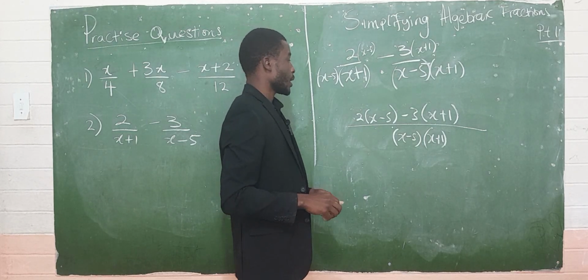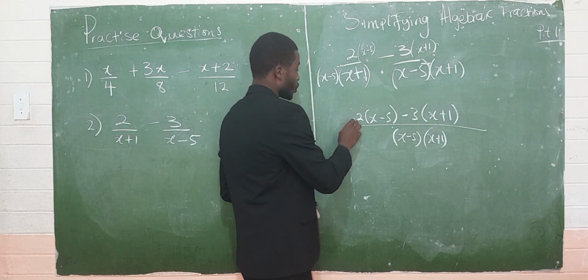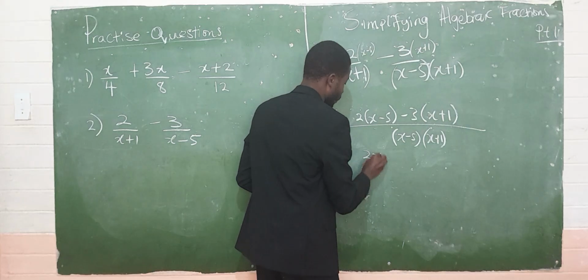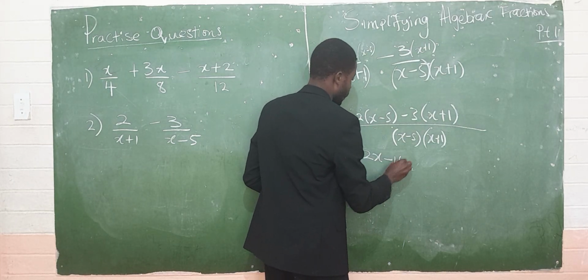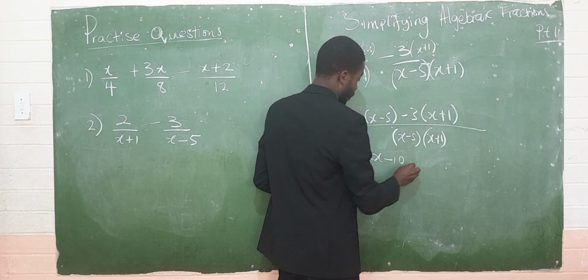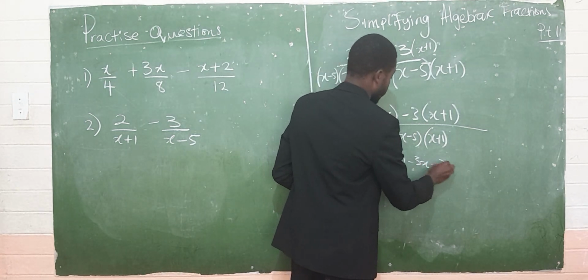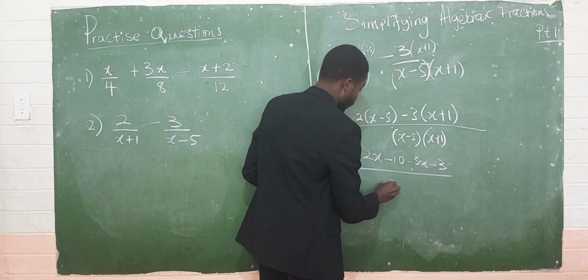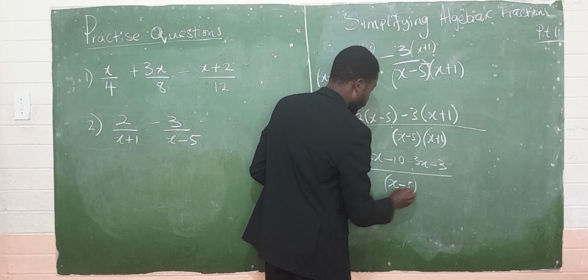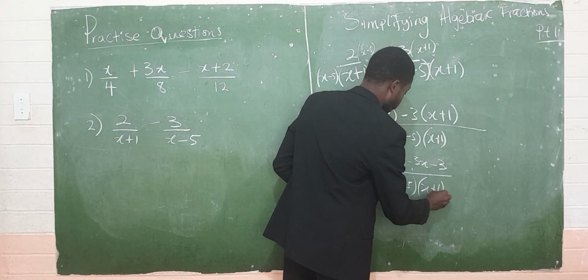Otherwise, I'll go ahead and simplify. 2 times x, that's going to be 2x. 2 times negative 5, that's minus 10. Minus 3 times x, that's minus 3x. And minus 3 times 1, that's minus 3. All over x minus 5, x plus 1.